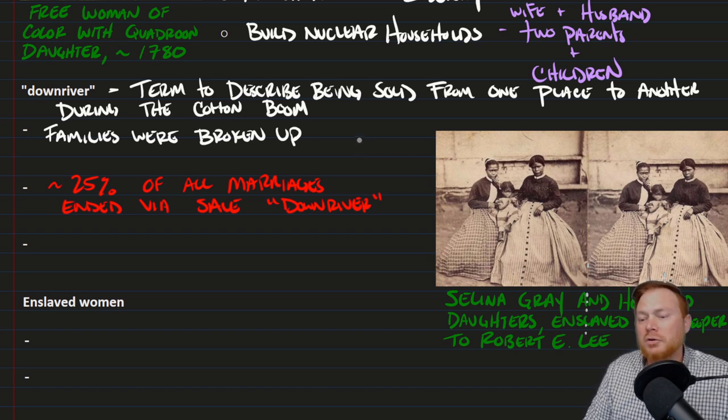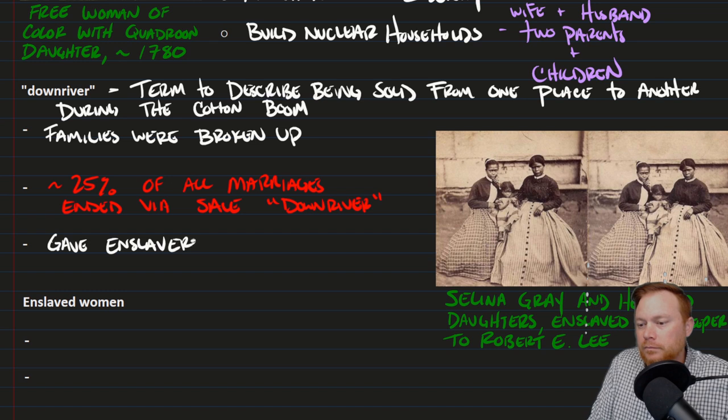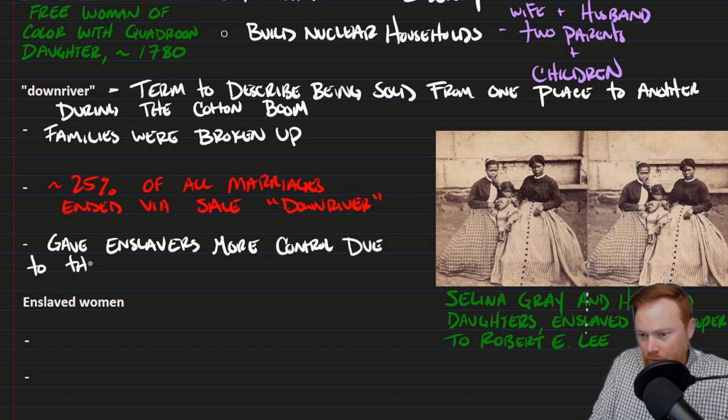It was making it harder to preserve stories passed on from generation to generation. The downriver phenomenon, or the expansion of cotton, also gave enslavers more control due to the threat of sale.